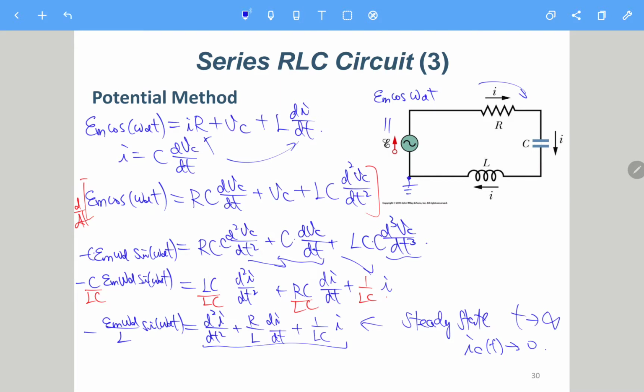So for the homogeneous equation, the characteristic equation is s squared plus as plus b equals 0. Here we have a to be R over L and b equals 1 over LC. And here we suppose s to be alpha plus j beta.